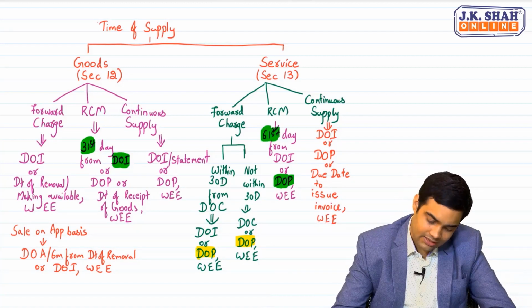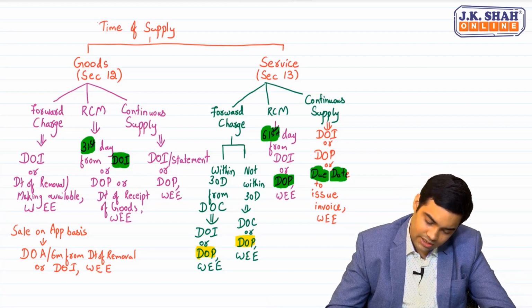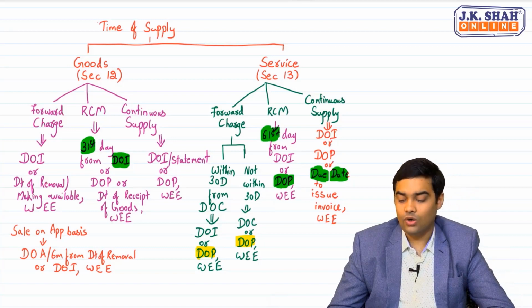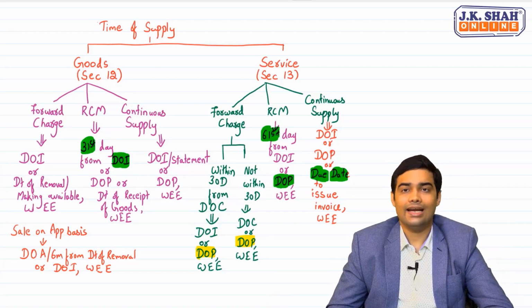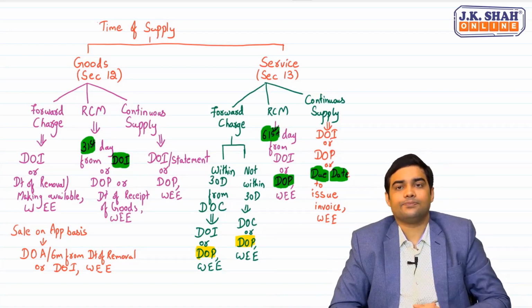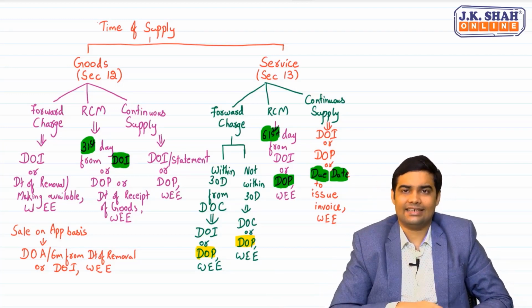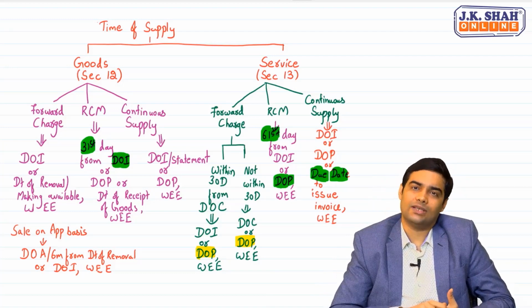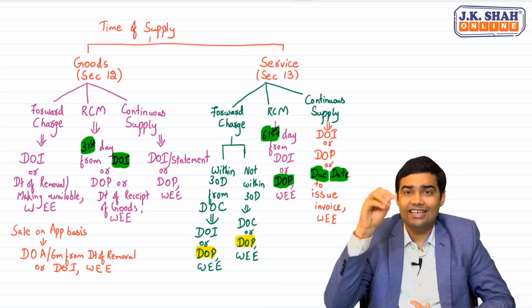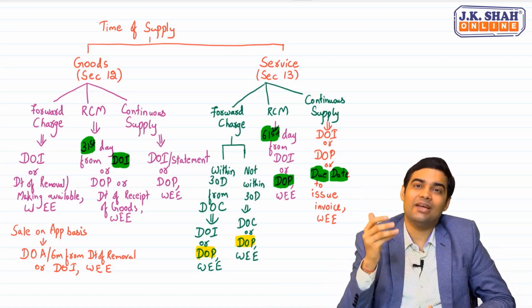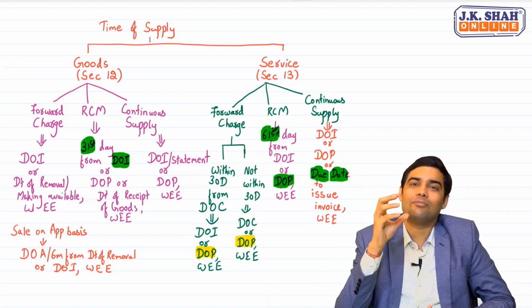See, government is using this due date to issue invoice in addition to DOI and DOP. Now what is this due date to issue invoice? Let me tell you the purpose behind this. Government wants to pick up the contract date and make it as time of supply. Not literally the contract date, the date mentioned in the contract for payment.